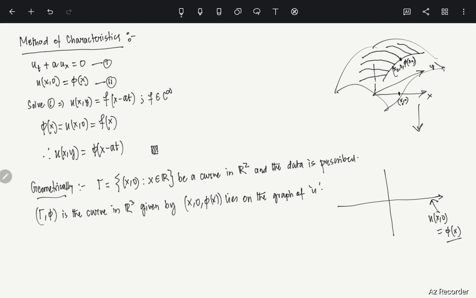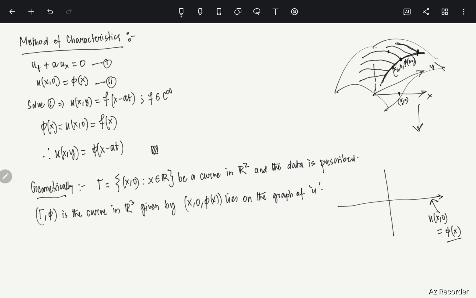Okay. So we will construct the characteristic curves. This is your initial data. See, there are two curves here. One curve is the initial curve, and another is the characteristic curves which start from this initial curve.